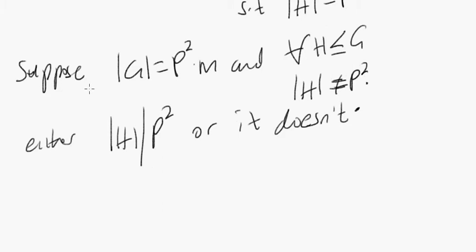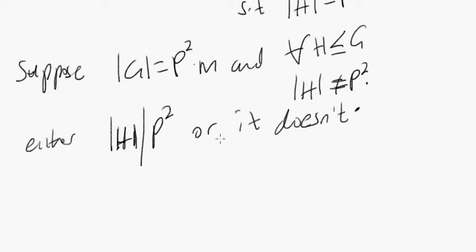Again, we've just been told, we don't know. So suppose that the order of H divides p squared. Either it does or it doesn't. Do you buy this? Either the order of H divides p squared or it doesn't.